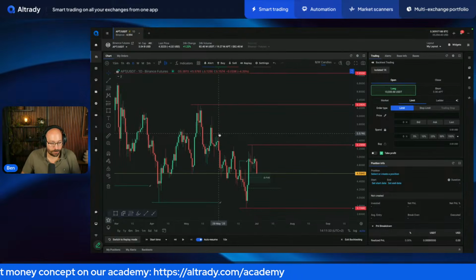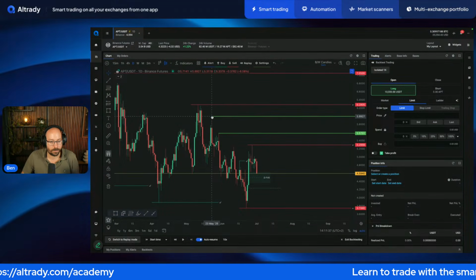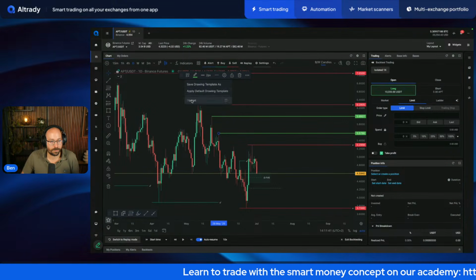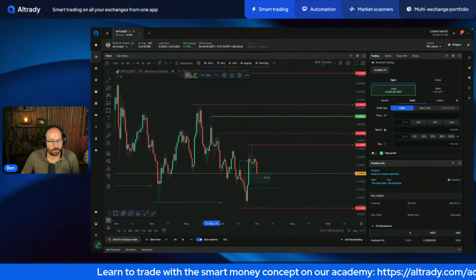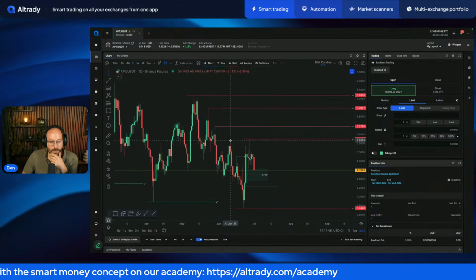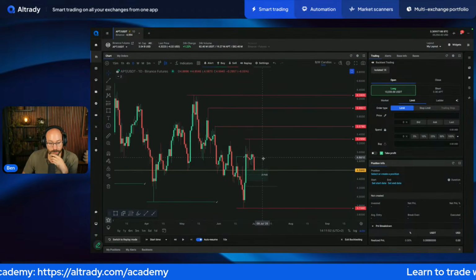Nice targets here. If price gets there, it'd be a pretty good target. This one was already taken out, so that's a sweep, and it was a good reaction to the downside.